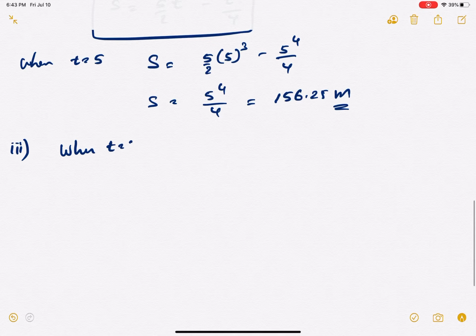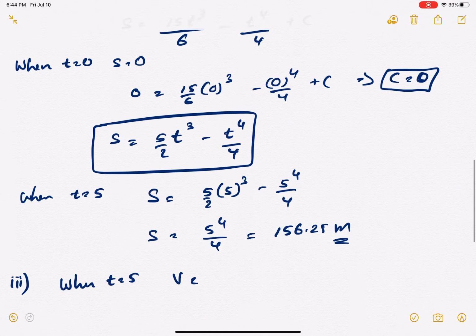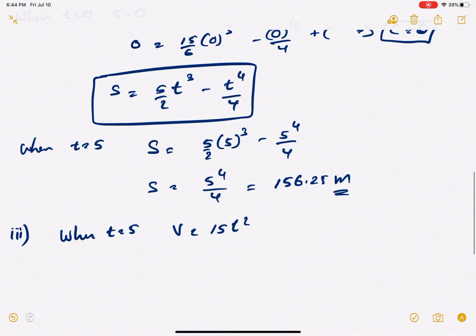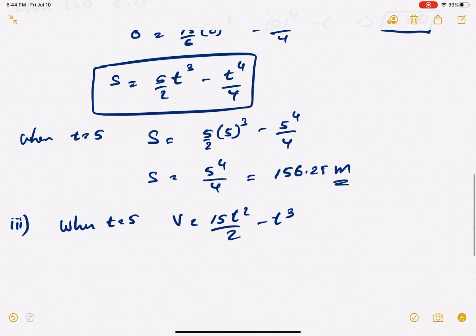When t equals 5, the velocity function, we just found it here, 15t square over 2 minus t cube. So that is going to be 15 into 25 over 2 minus 125.